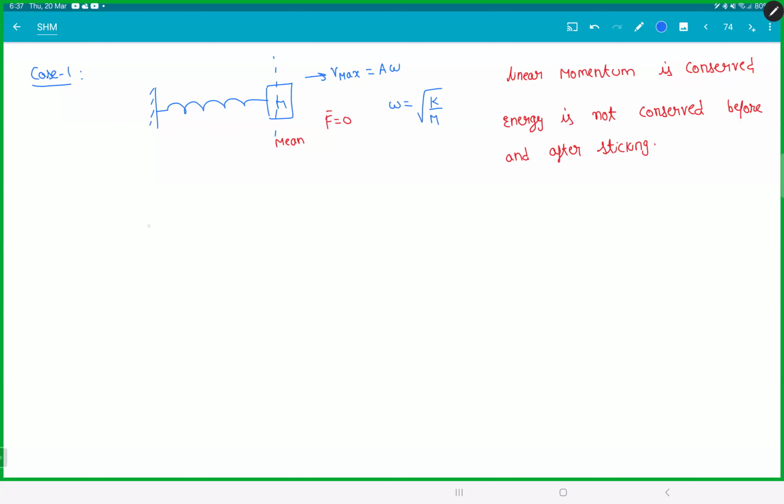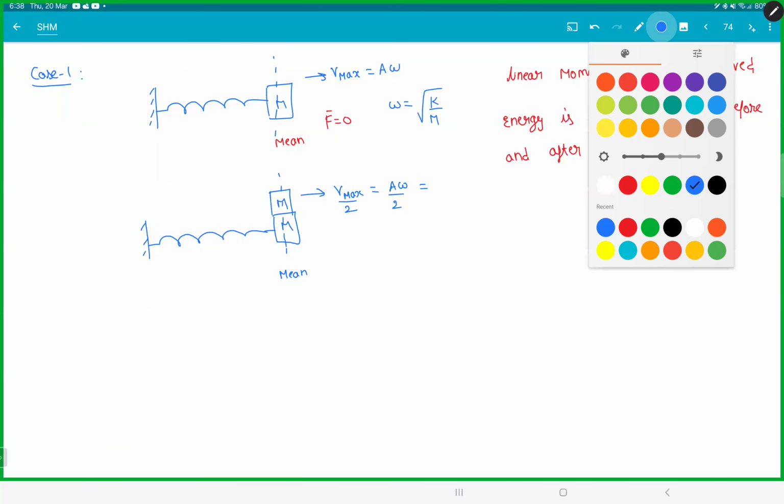That means the moment this block gets stuck, M and M. Remember, this is still the mean position. And your speed has become Vmax by 2, which is A omega by 2. Isn't this the new maximum speed?